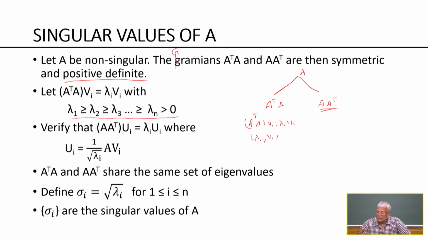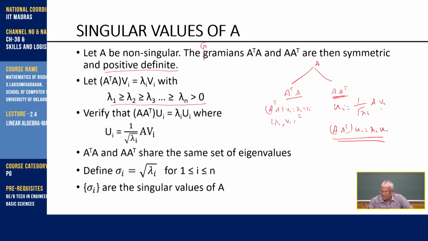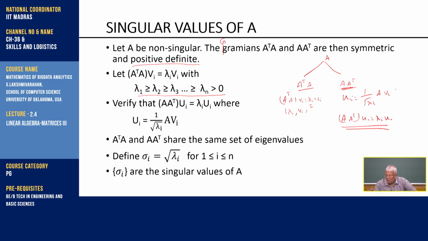It can be shown that if I define Ui to be equal to 1 over square root of lambda i times A Vi, then A A transpose Ui is equal to lambda i Ui. That means both A transpose A and A A transpose share the same eigenvalues. The eigenvectors are related. The eigenvector of A transpose A can be converted into an eigenvector of A A transpose by this linear transformation. With me?